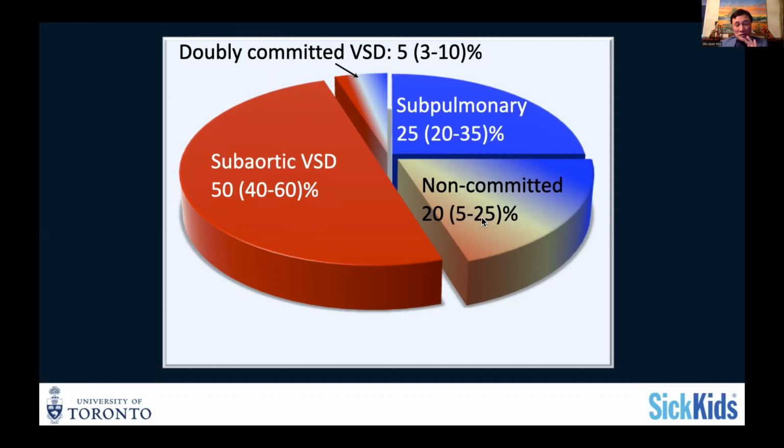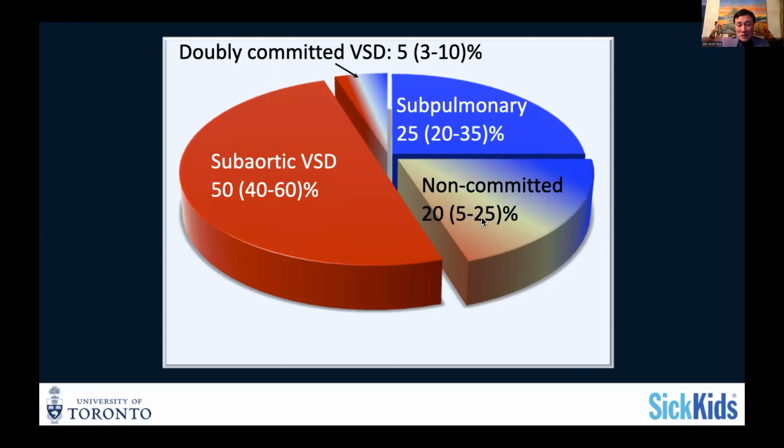So if you want to use that, the distance between the VSD margin and the semilunar valve should be more than the normal aortic valve size for that particular age. However, you don't have to measure it. I will show you why.